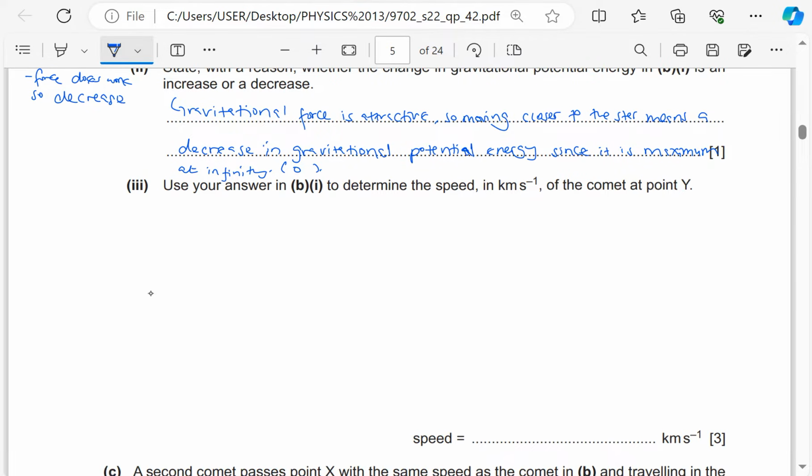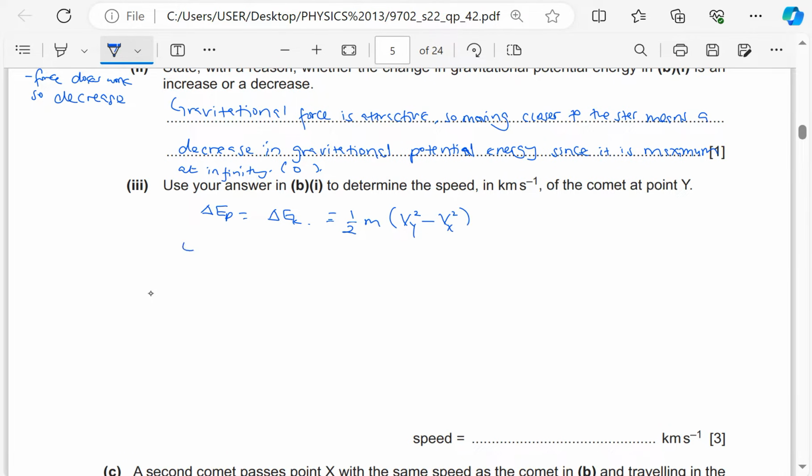Use your answer in B Roman 1 to determine the speed in kilometers per second of the comet at point Y. So let's assume that the change in potential energy is equal to the gain in kinetic energy at point Y. And remember, kinetic energy is a half m, v at y squared minus v at x squared.